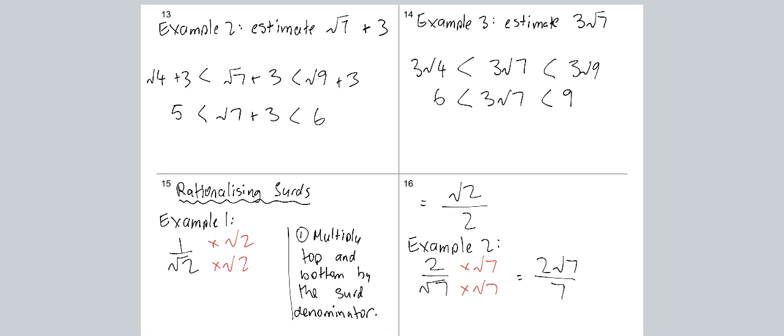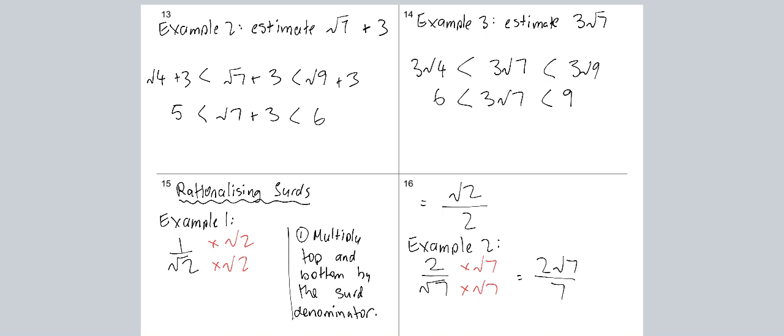Third example and final example. Oh, was that too quick? You need to finish copying that down? Everyone okay? Okay. Example 3.